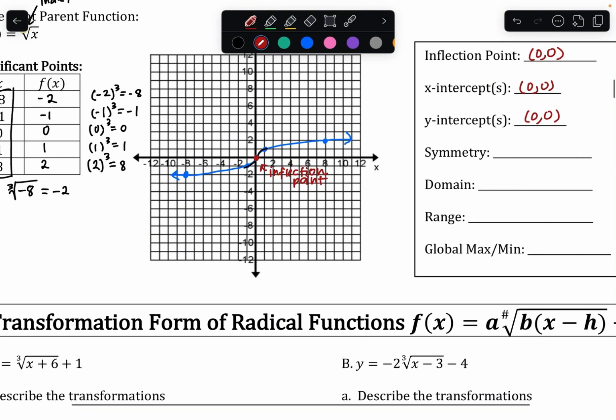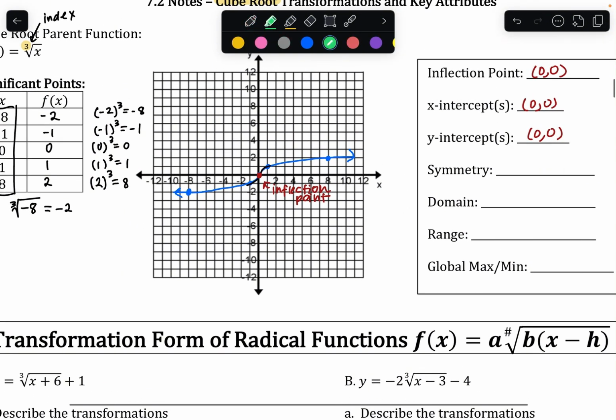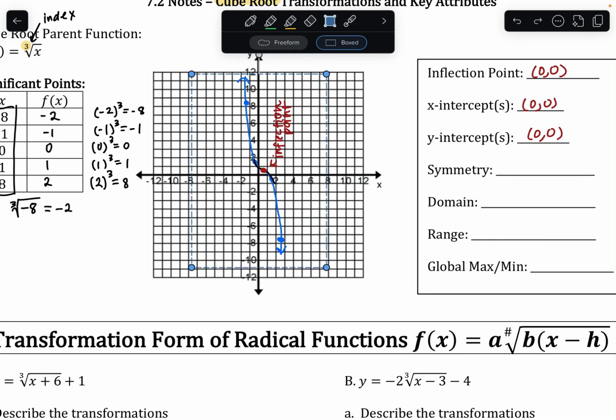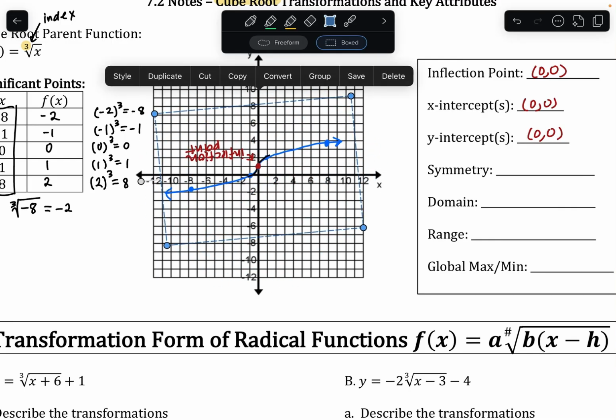And then as for the symmetry, you can tell this function doesn't have an axis of symmetry, because if I reflect it, it would be facing the opposite direction. But if I rotate this graph, it does look the same.